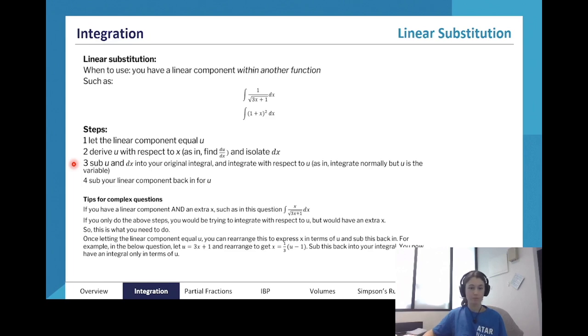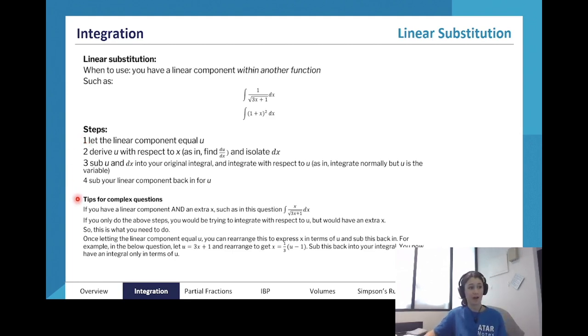If you're unfamiliar with the language, integrating with respect to u means we're just going to integrate normally, but instead of x being the variable, u is going to be the variable. We'll go over an example of this in a second. And then once we've done that, we're going to sub our linear component back in for u, and we're going to be left with an integral in terms of x using our linear substitution.